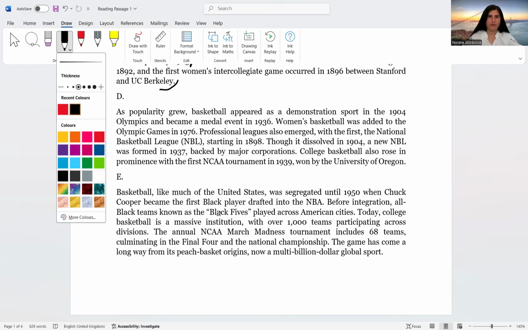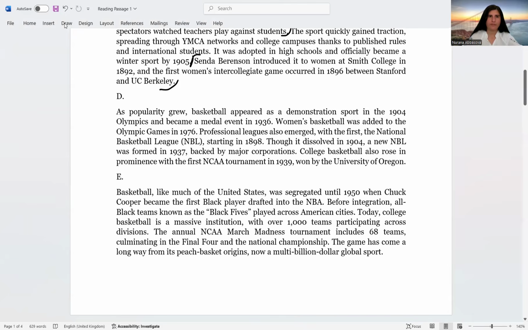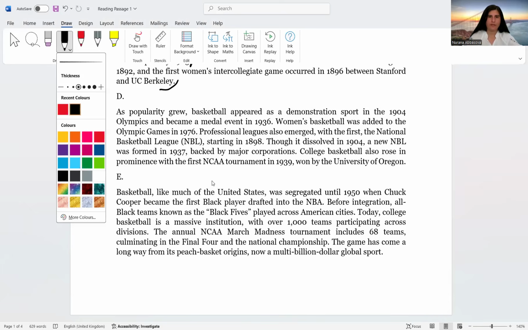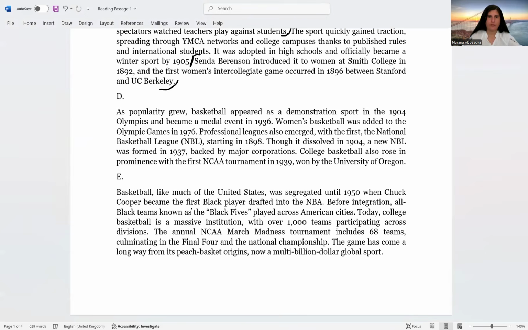Okay, so here we have a great big word, this one, which may help us. Black, maybe related, and I need to read it: Black Fives. We need to be sure. Yeah, we can find it, but we need to be sure.